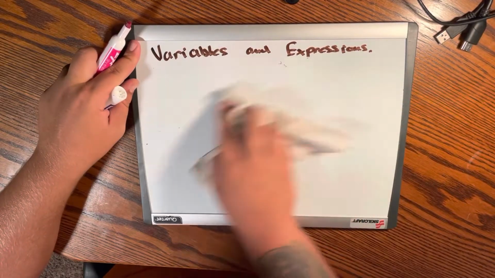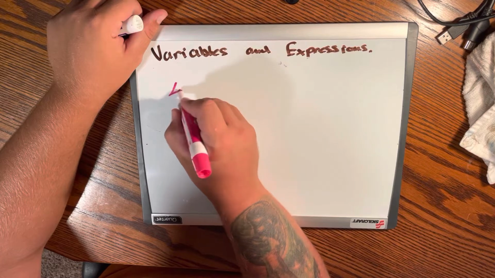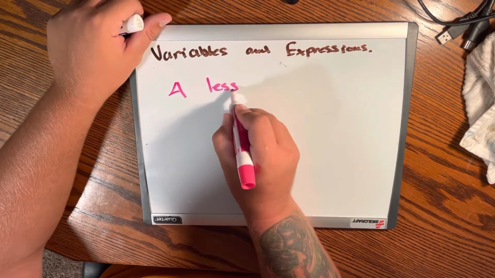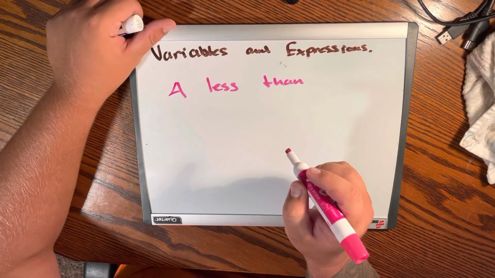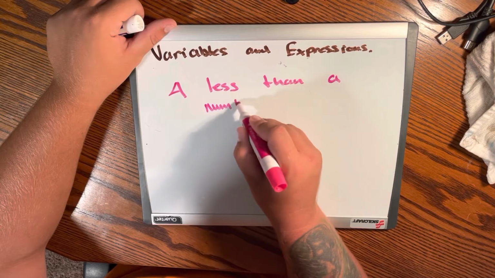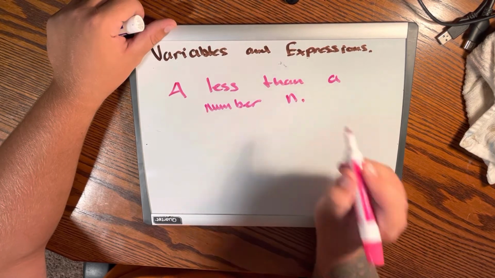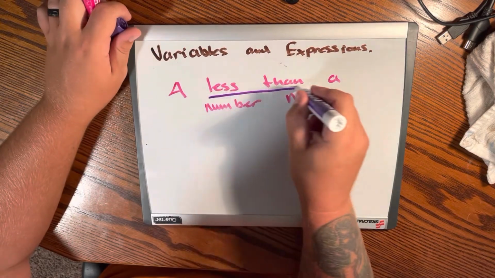Now, we have 4 less than a number n. Okay, the key words to pay attention to here are less than.